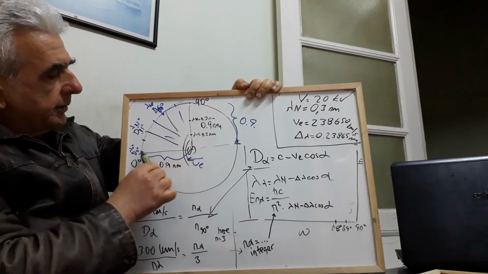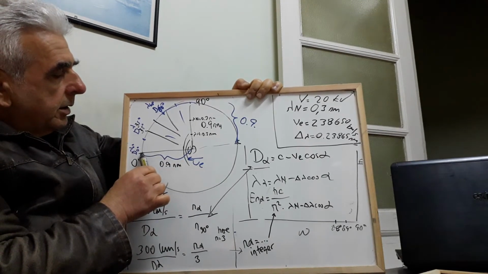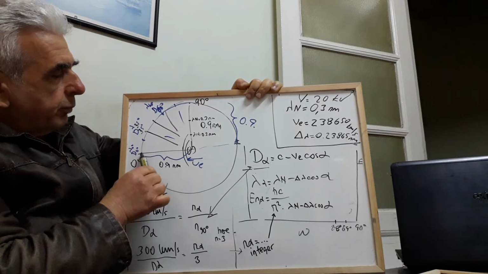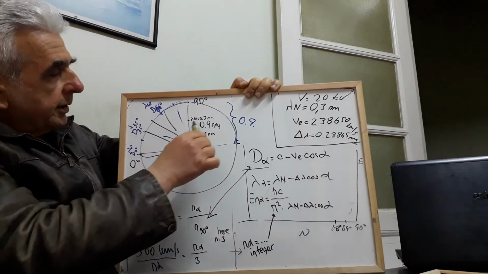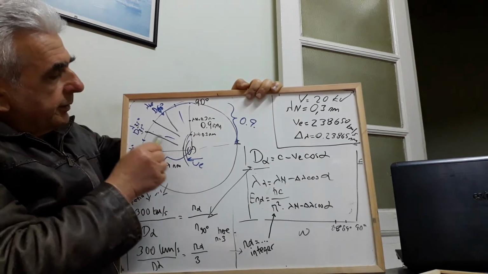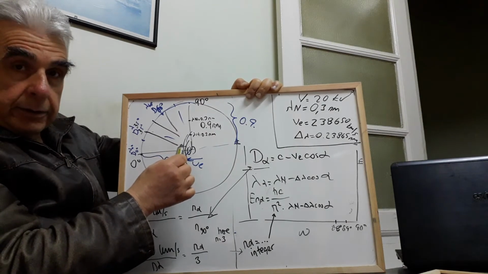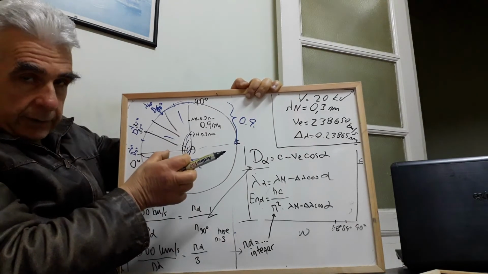Now, our aim is finding the number of wavelengths which will arrive at that point, because at this point the electron motion forms successive wavelengths that are different.